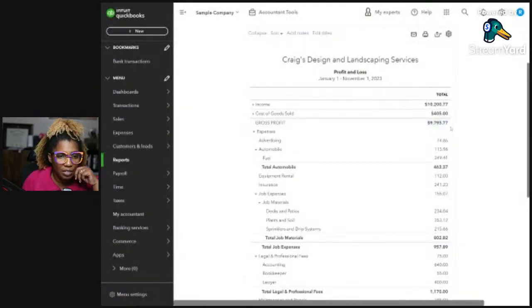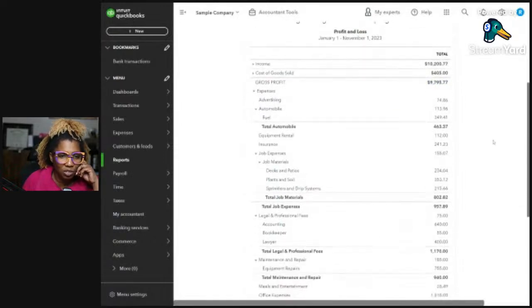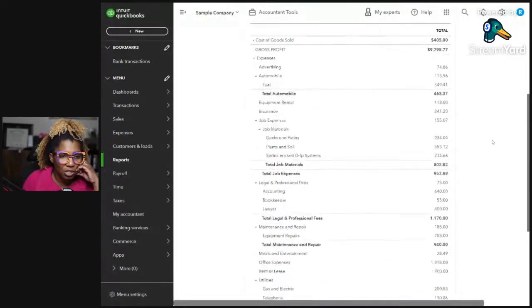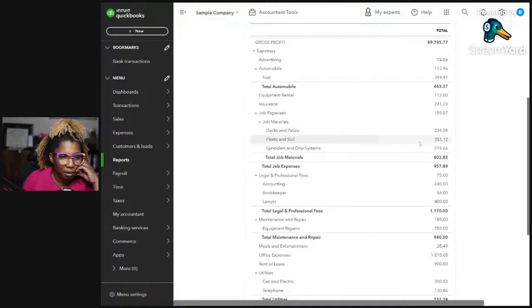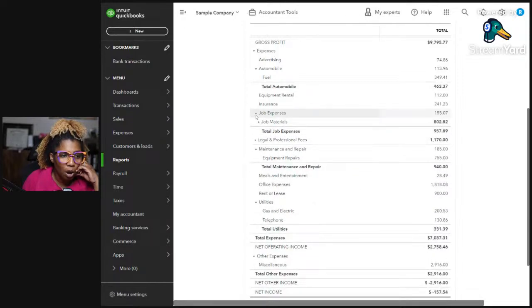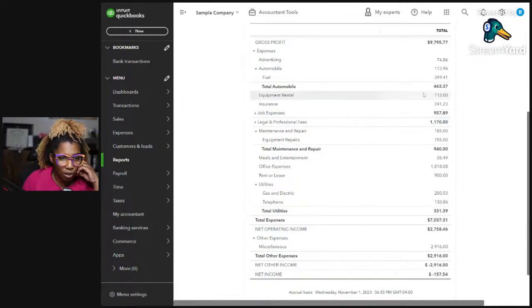His gross profit is $9,795.77. Remember all that categorizing that we just did? Well, here's the breakdown of everything. These are categorized into categories that also show up on your tax return. You have your total expenses here, $7,000.